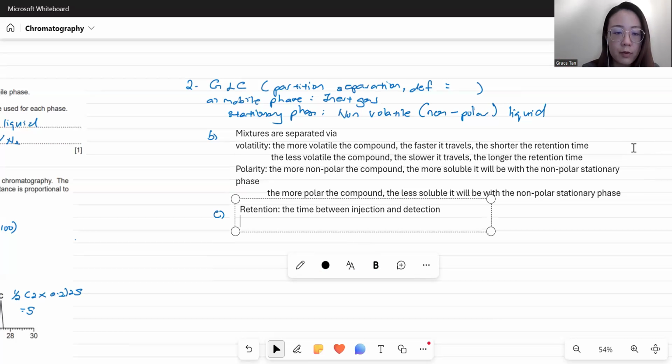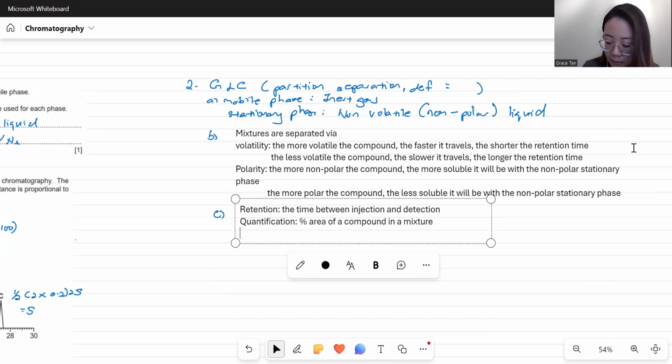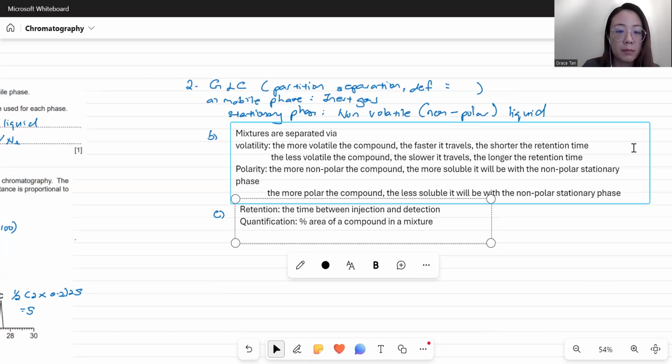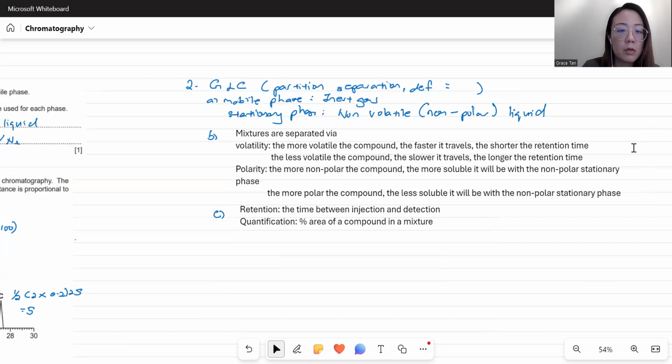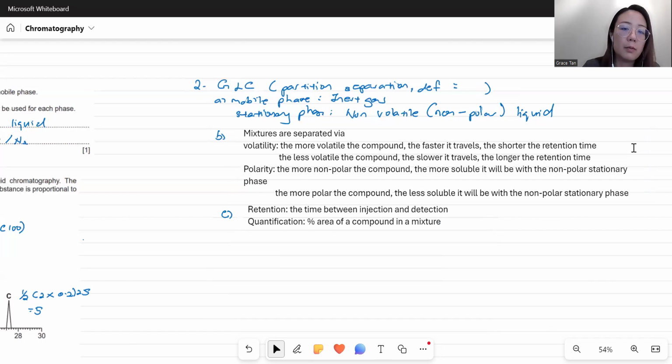For the quantification method, you may need to calculate the percentage area of a compound in a mixture, like the past question. That will be part C. That's all. So all in all, GLC, we have completed. This will sum up the whole chapter on chromatography.